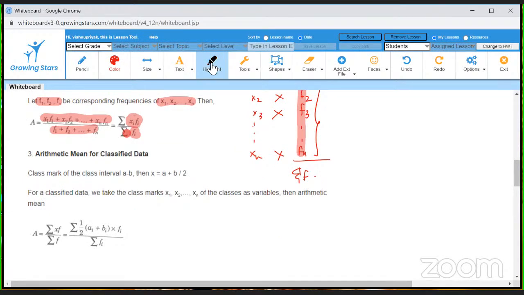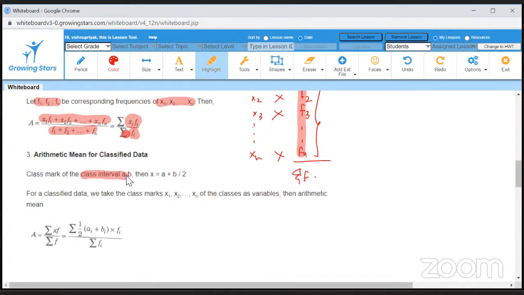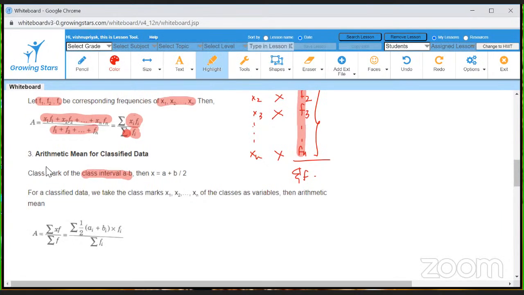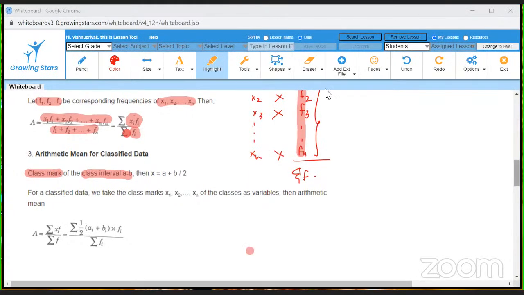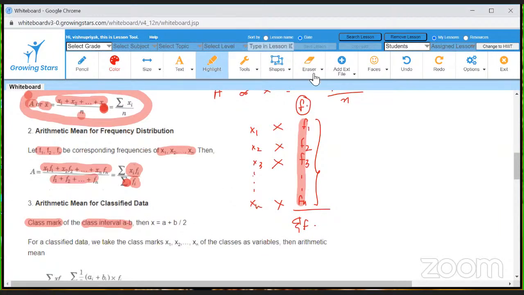But when you have a class, you have class interval A to B, then you will find the class mark. Okay. So sometimes what will happen is you will be given frequency.